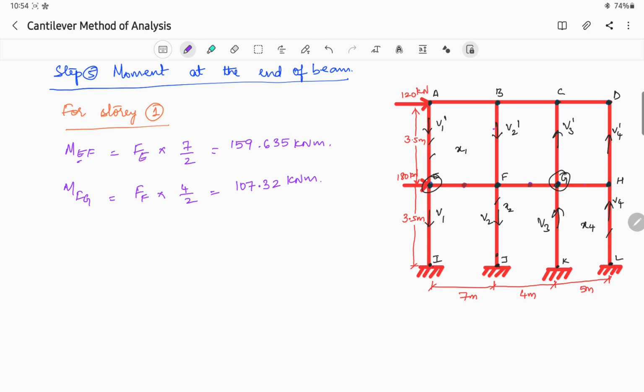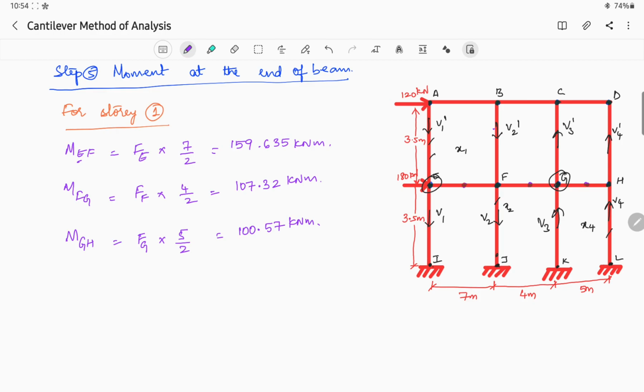Similarly, we'll go for member GH. Moment in member GH is equal to shear force at joint G into 5 by 2. So this is 5 meters, so 5 by 2, equal to 100.57 kilonewton meter. Okay, this is for story 1 we have calculated.